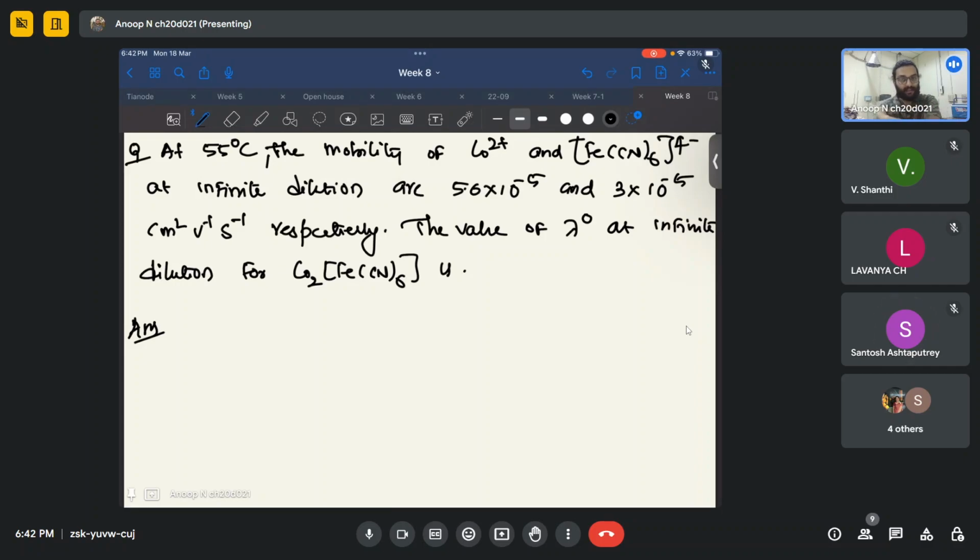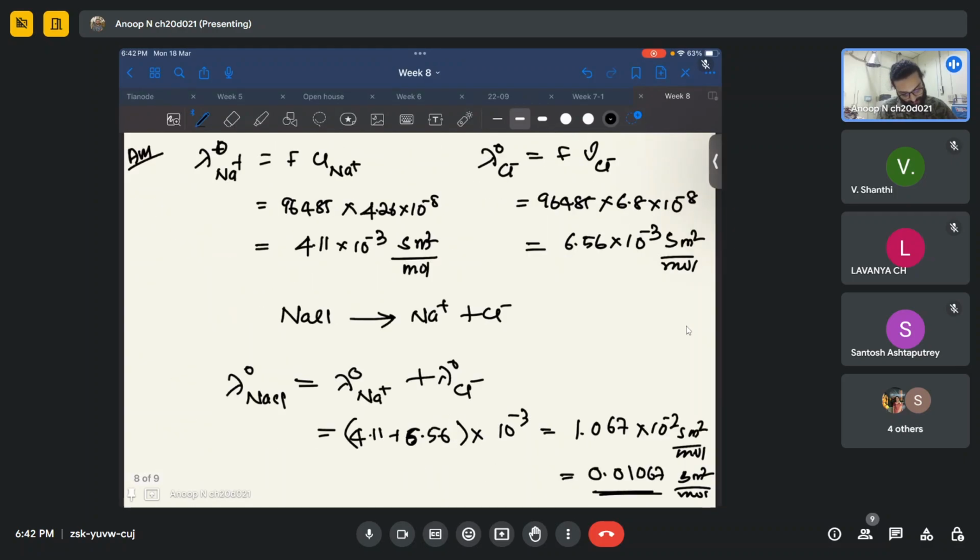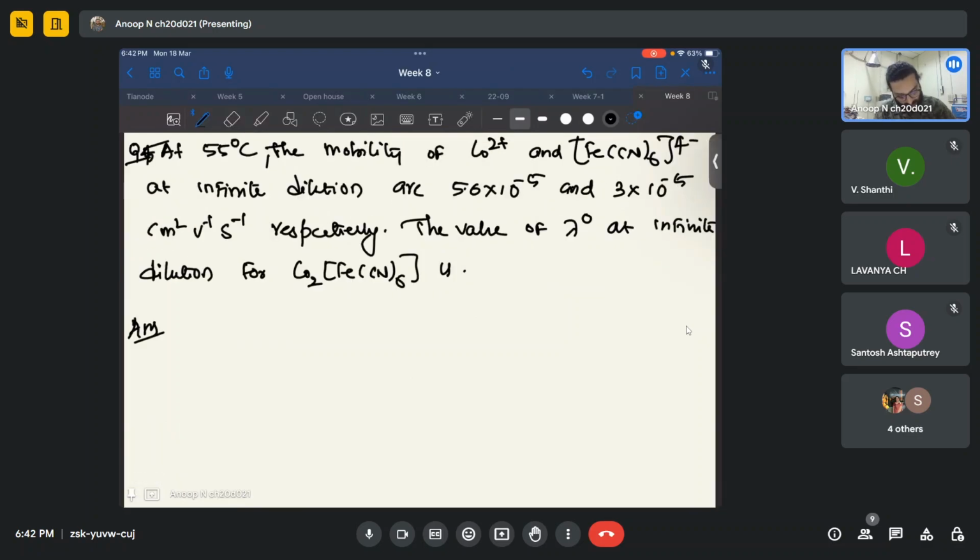So the same method, whatever problems we solved now. This is question 4, I think, right? 4 or 5? 5. So we will calculate lambda 0 Co2 plus, which is nothing but F into U Co2 plus. Similarly, lambda 0 Fe(CN)6 4 minus is equal to F into V of Fe(CN)6 4 minus.